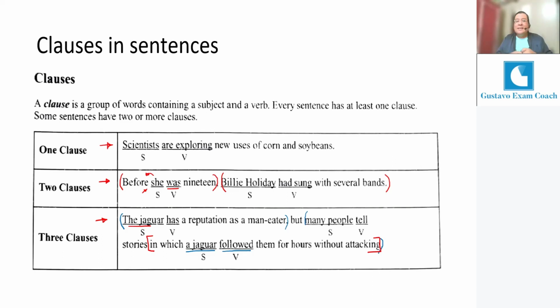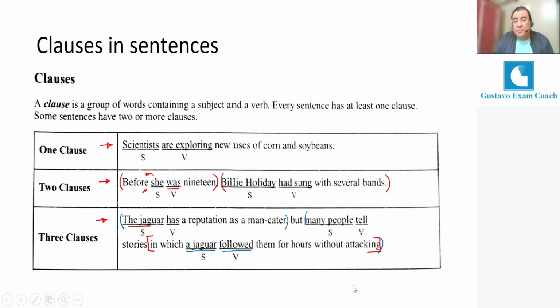You see that this happens when we have different clauses, two or more clauses forming sentences. Sometimes within these sentences, some of the clauses might stand alone as complete sentences themselves, but some other clauses need to be attached or subordinated to other clauses that have a more complete idea.